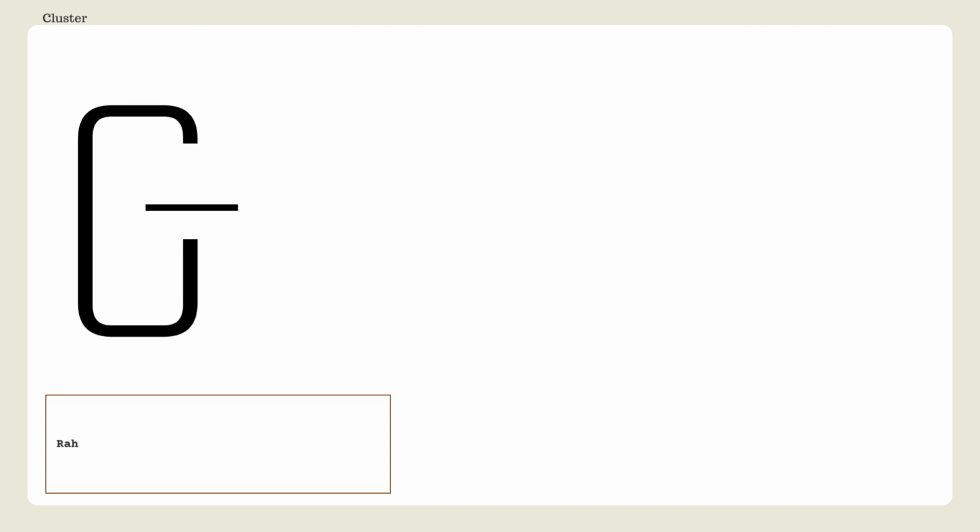Let's move on to the next cluster. It's a ra cluster, R sound. So this is ra, and the dash is where the consonant will go. This is a big square circle going around the consonant.